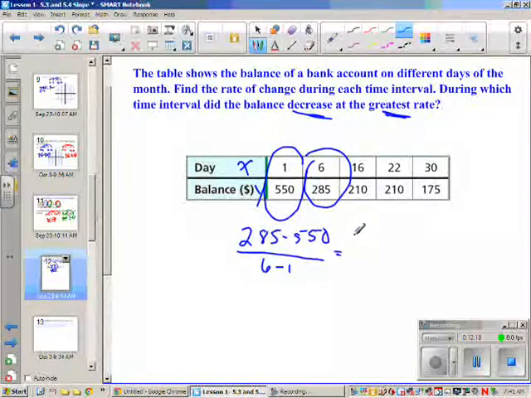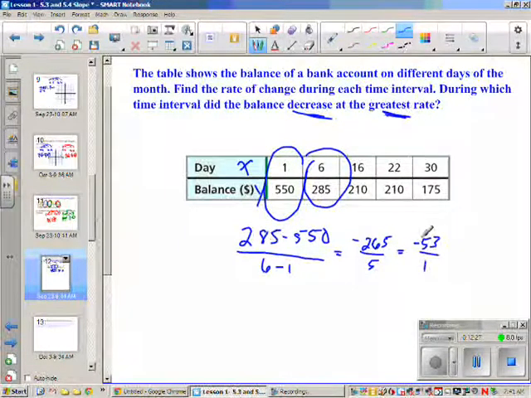And that gives me negative 265 over 5. And that simplifies to negative 53 over 1. And what this means is it's $53 per 1 day over that interval. So that means they spent, on average, $53 per day between days 1 and day 6.